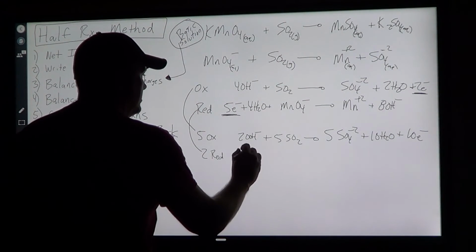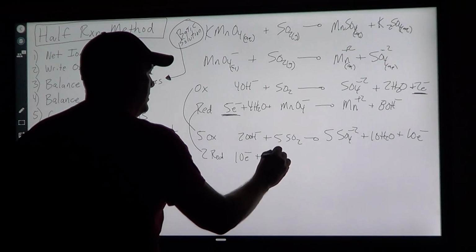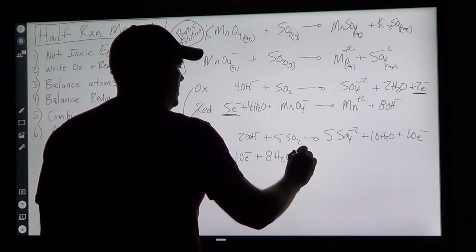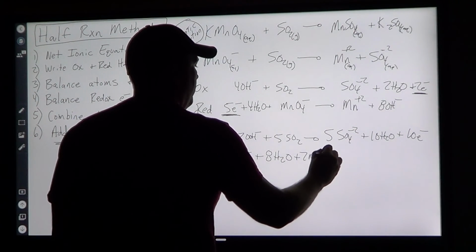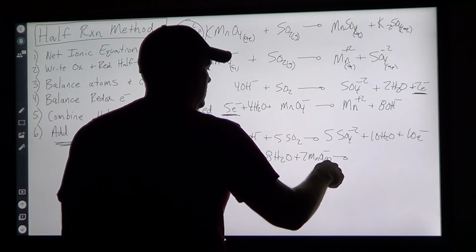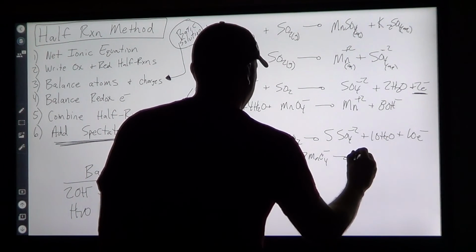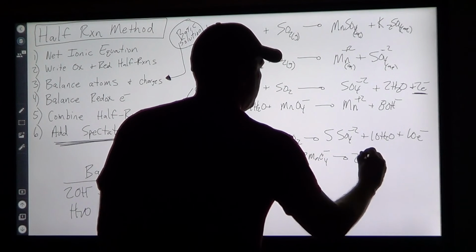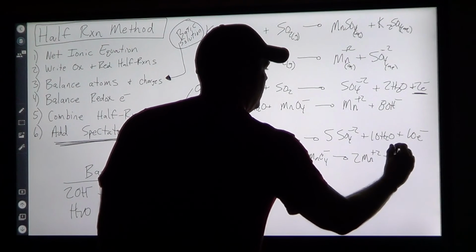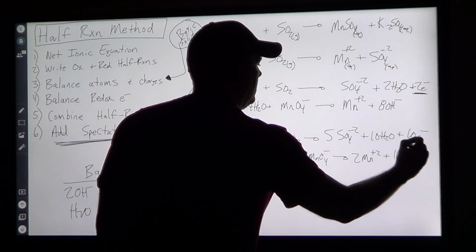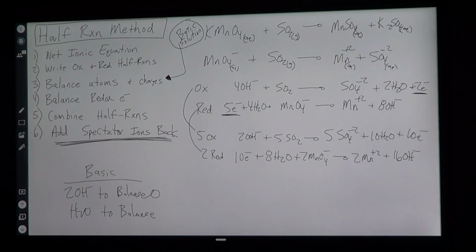We get 10 electrons plus 8 waters plus 2 MnO4 minus makes 2 Mn plus 2s and 16 OH minuses.